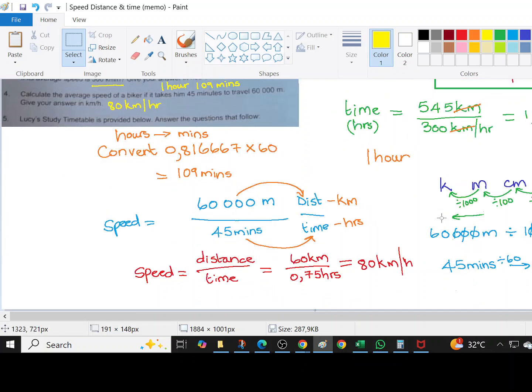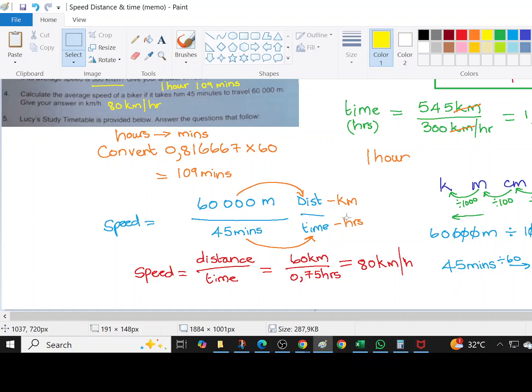I'm happy. Don't forget, in any conversion, you can't do kilometers and meters in the same equation. You can't do rands and cents. It must be rands and rands, cents and cents, kilometers and kilometers, hours and hours. You can't do hours and minutes. All right.